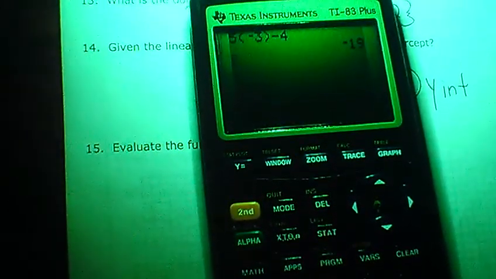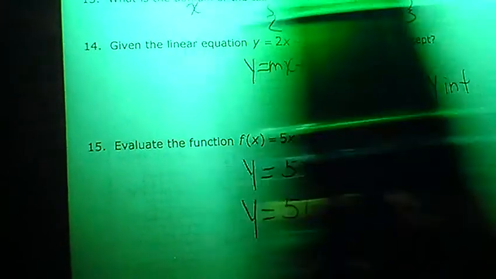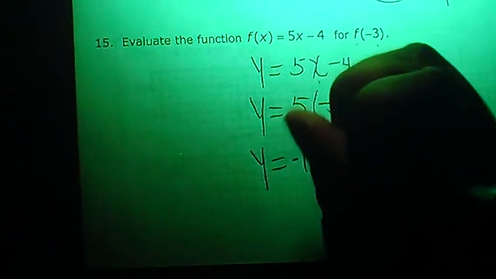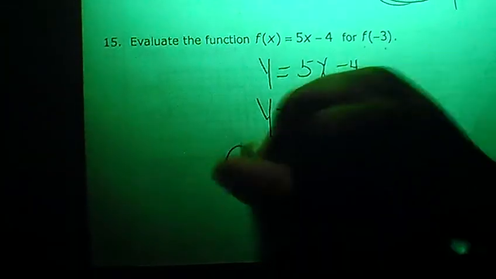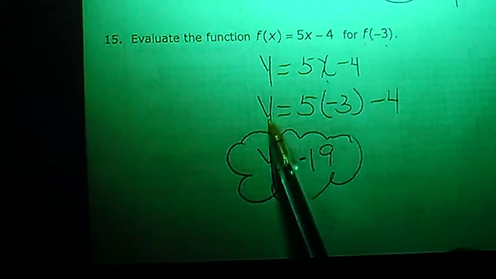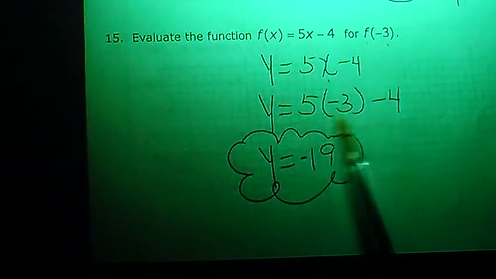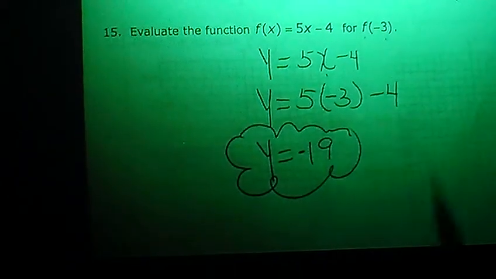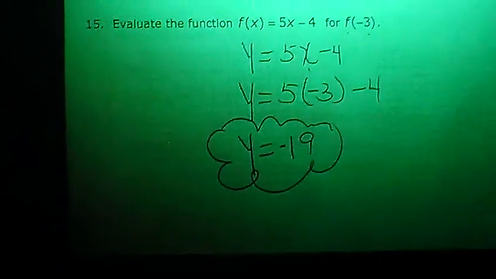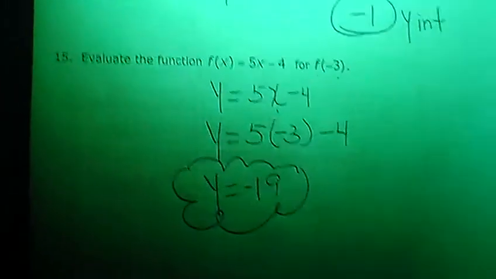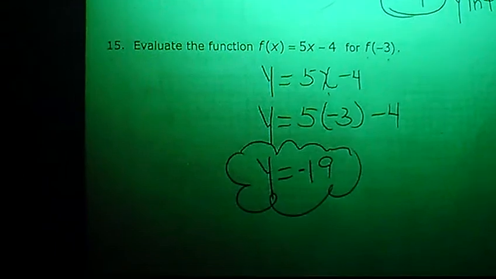That gives us -19. So y equals -19. When you're evaluating an expression like this, make sure you type everything in at one time on your home screen. Home screen is where you do your addition, subtraction, multiplication, and division.